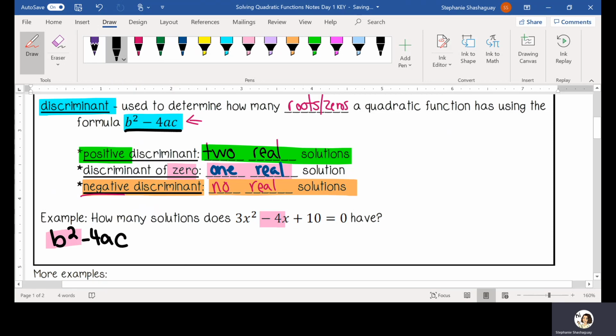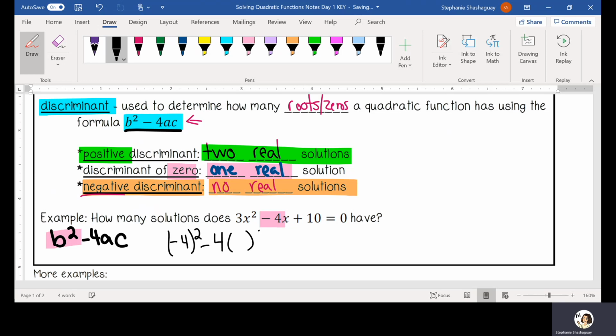So we're going to have negative 4 squared. Then we are going to subtract 4, and we have to multiply our a term times our c term. So our a term will go here, and our c term will go here. Okay, so 4 times a times c.